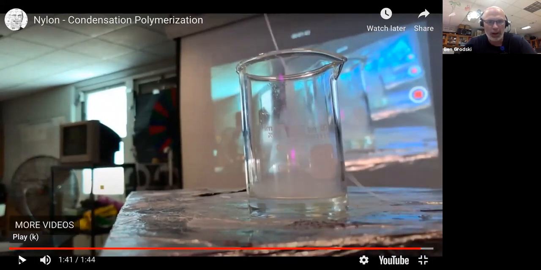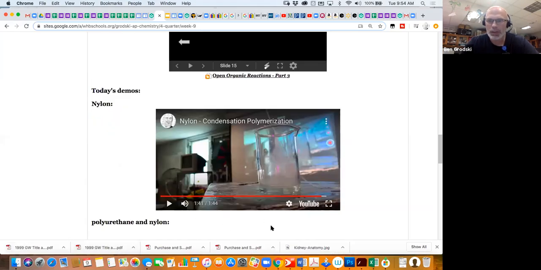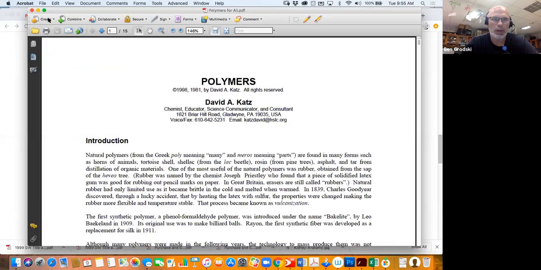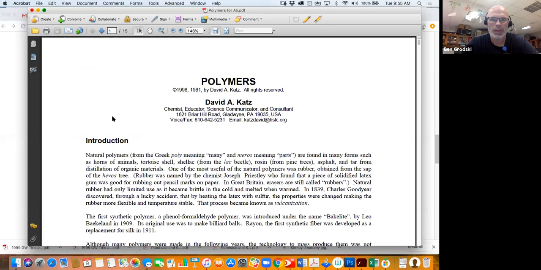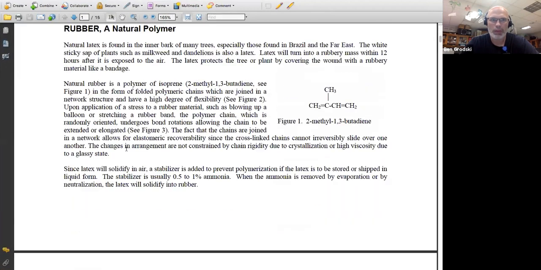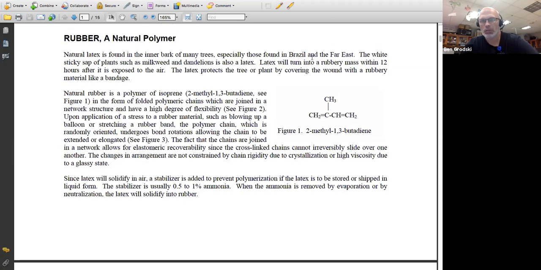All right. Let me show you something here. Really cool little PDF I got from David A. Katz. He's talking about the first natural polymer here, which is rubber. Now look at the name of this: 2-methyl-1,3-butadiene.